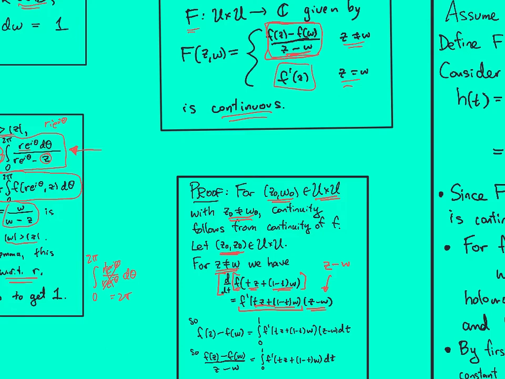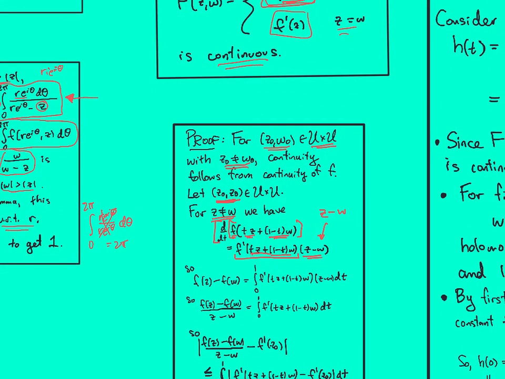Okay, and so we're going to use the fundamental theorem of calculus: plugging in 0 for t will give me f of w, and plugging in 1 for t will give me f of z. So I can integrate this derivative from 0 to 1 to give me the difference f of z minus f of w.